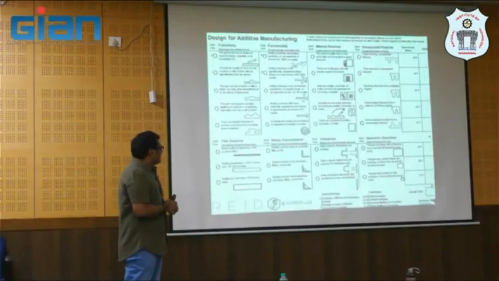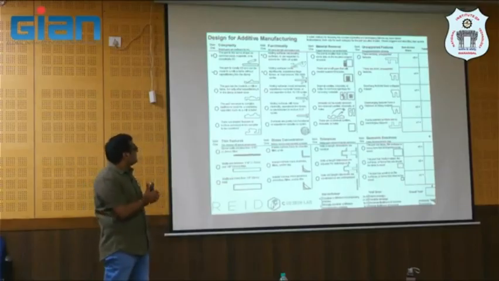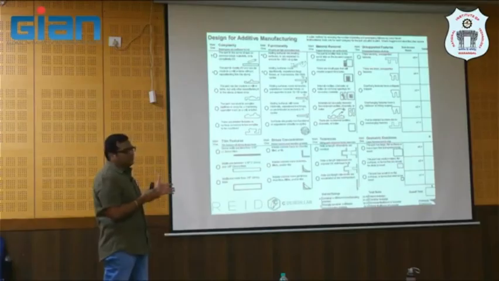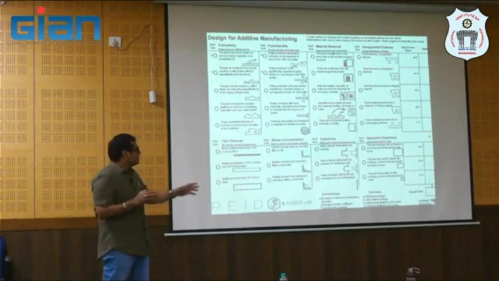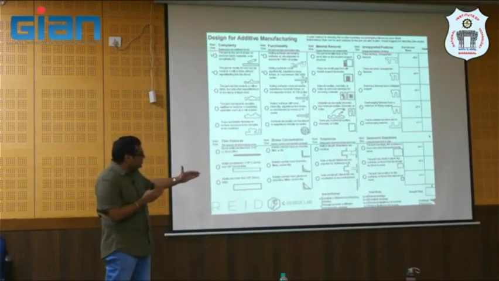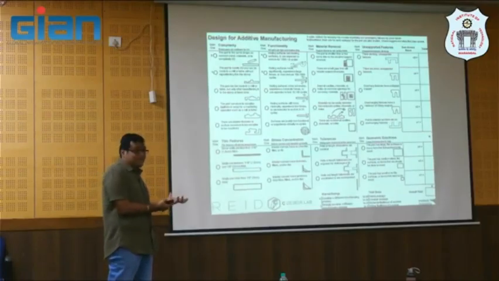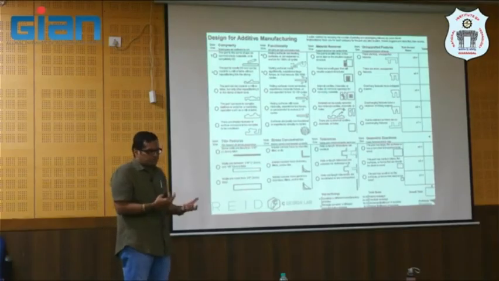And you try to see universities like Purdue University, they have come out with some kind of design for additive manufacturing metrics, where you can scan your design and it is going to give some score. It will tell you the success rate of the part that you can print. Based on the score, you can take a call whether we need to redesign a particular feature, or you can go ahead without difficulty.